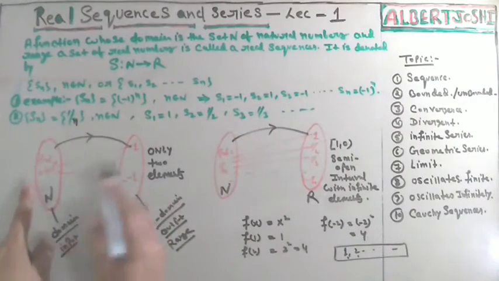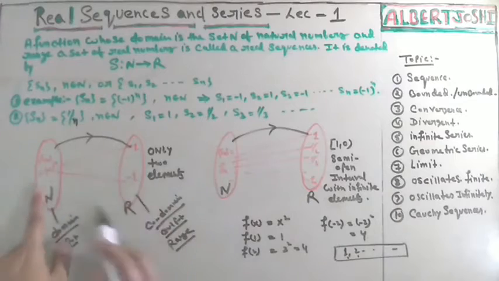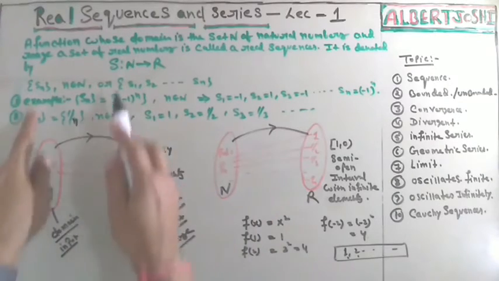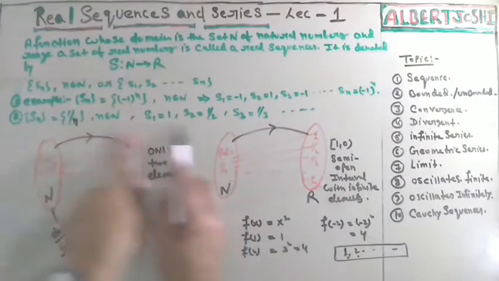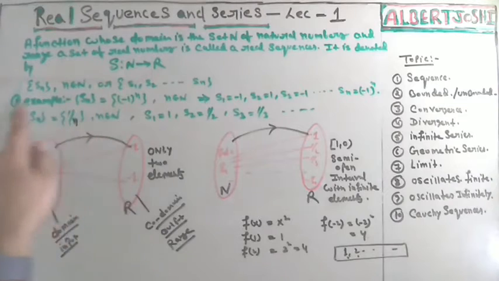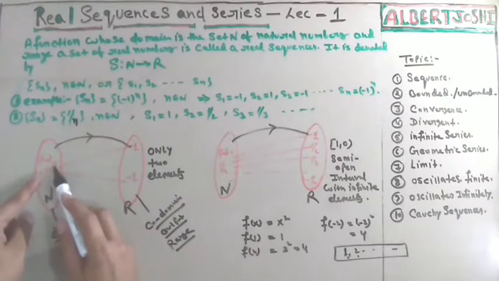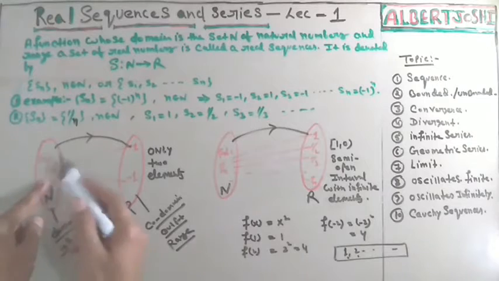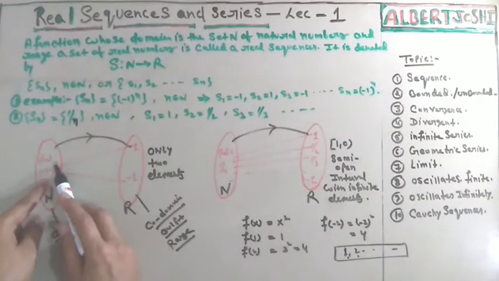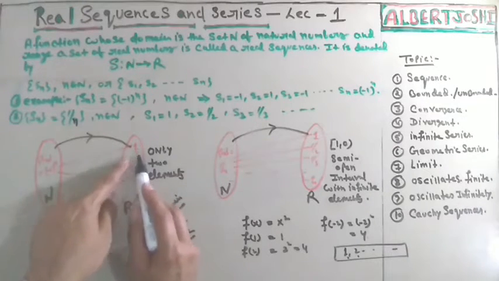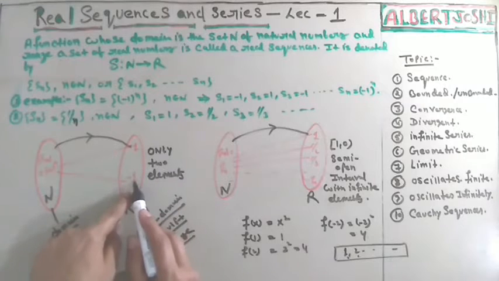Now you can see the graph of this set. We are just talking about the sequence. For Sn = (-1)^n, if you put different natural numbers, you get only two outputs, 1 and minus 1.